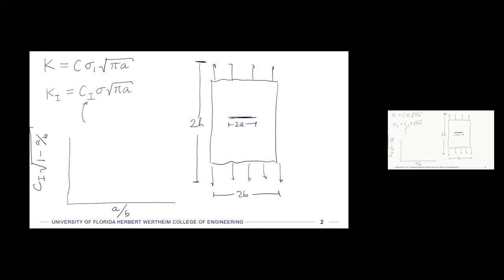Rather than factor in a over b on the x-axis, they've put it on the y-axis to make the plotting easier. The ratio a over b goes from 0, which is no crack, up to 1.0, which means the crack has propagated through the entire length.